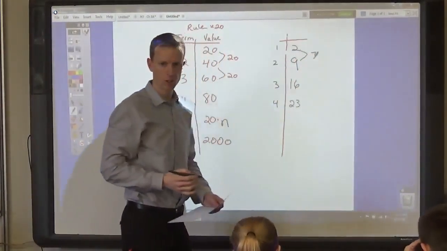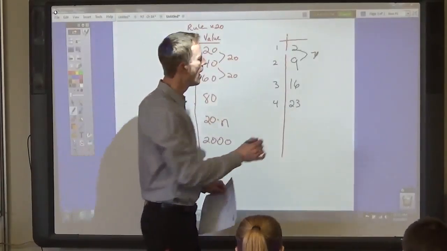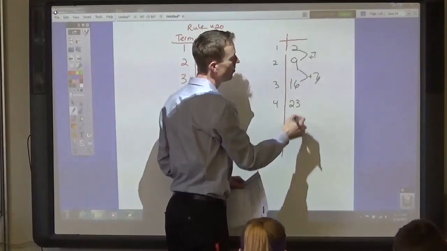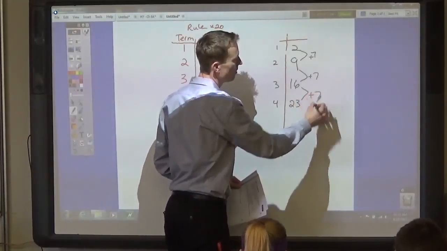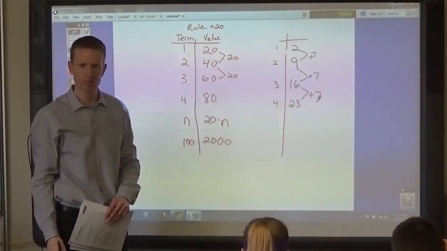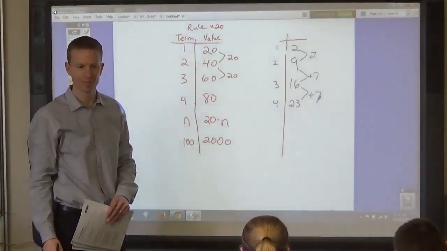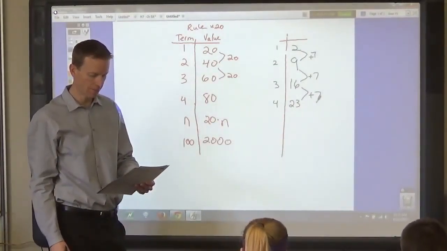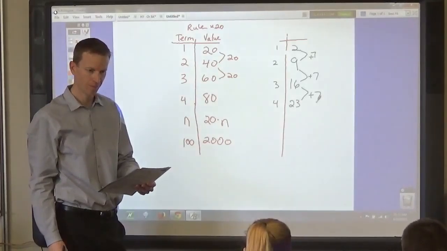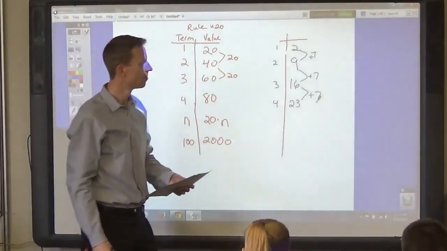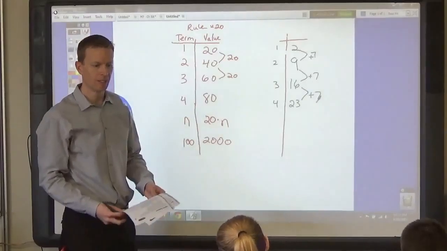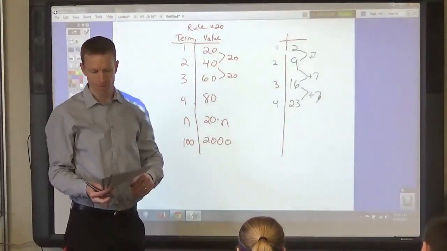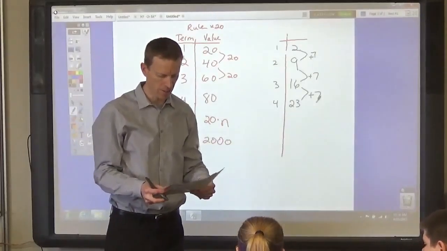Is it added or subtracted? Added 7. Add 7. Right? So what's the rule? Add 7. Yep. Is that easier to see this way than the other way? Yeah. For these, it doesn't make a whole lot of difference.